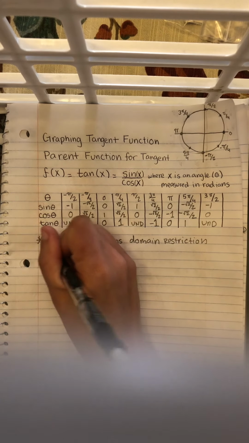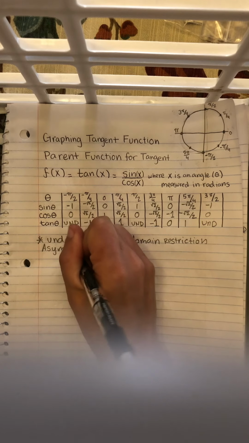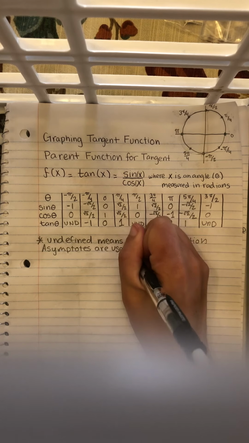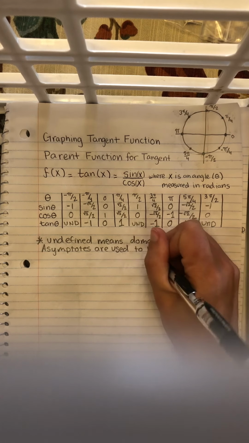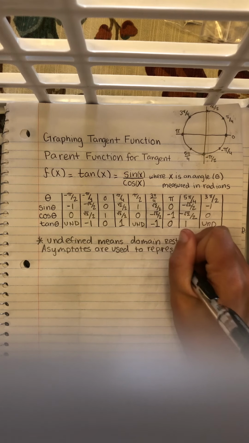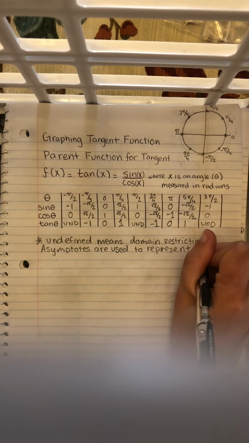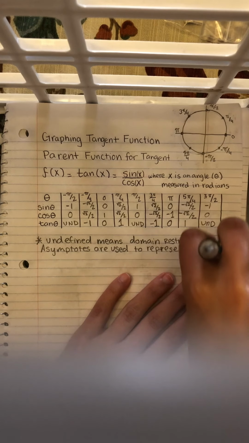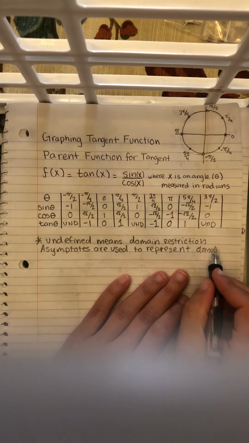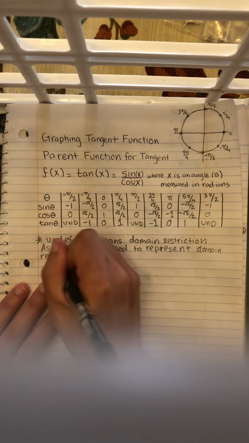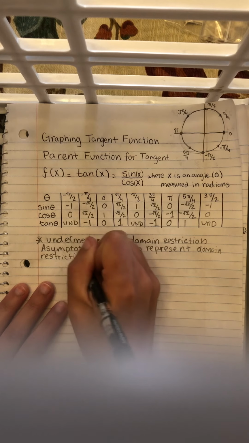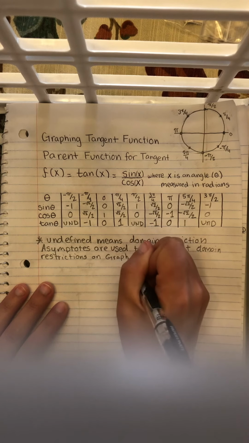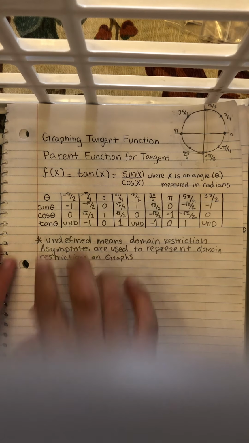Asymptotes are used to represent domain restrictions on graphs. So we have enough information to create a graph.